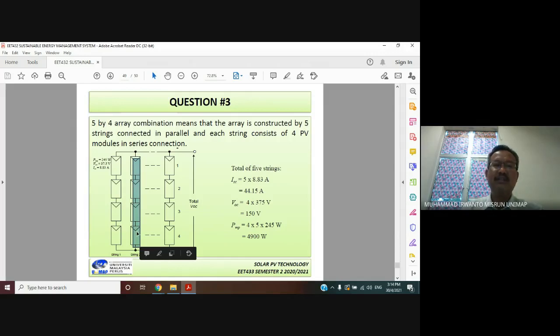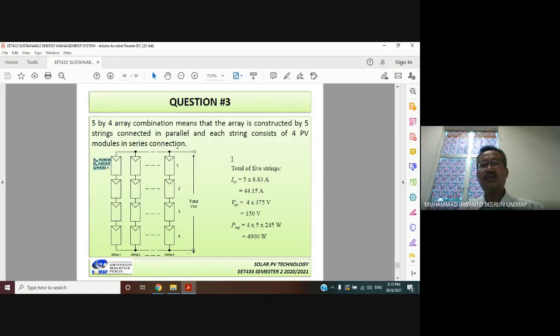We know each PV module has a maximum power of 245, open circuit voltage of 37.5, and short circuit current of 8.83 amperes.